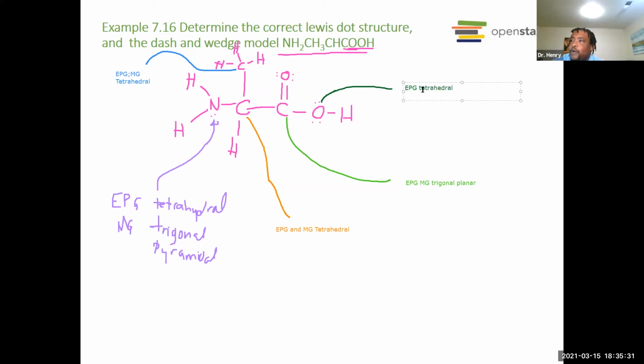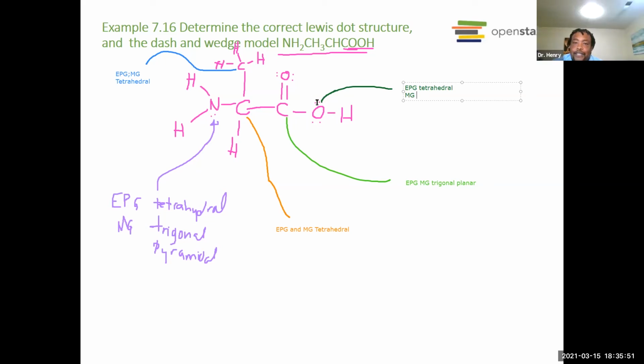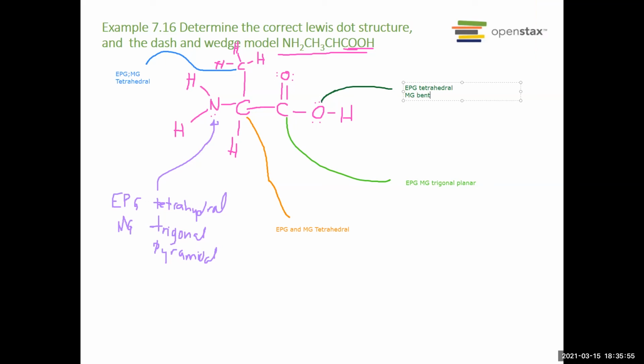What about the MG? Would that one be linear, or would it be bent depending on the bond polarity? Technically we have lone pairs. So those lone pairs are going to be pushing them down, so it'll be bent. So it's always bent when it has lone pairs. That's right, when you have two lone pairs.